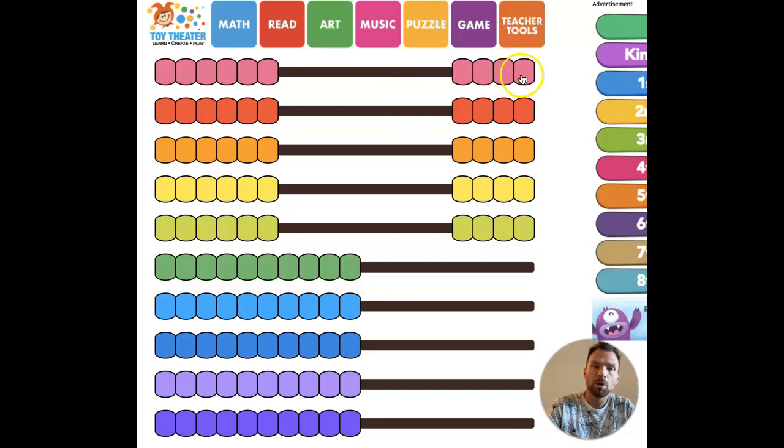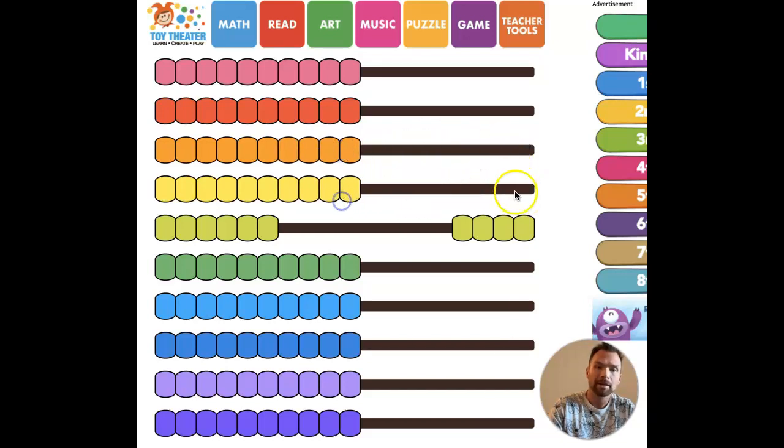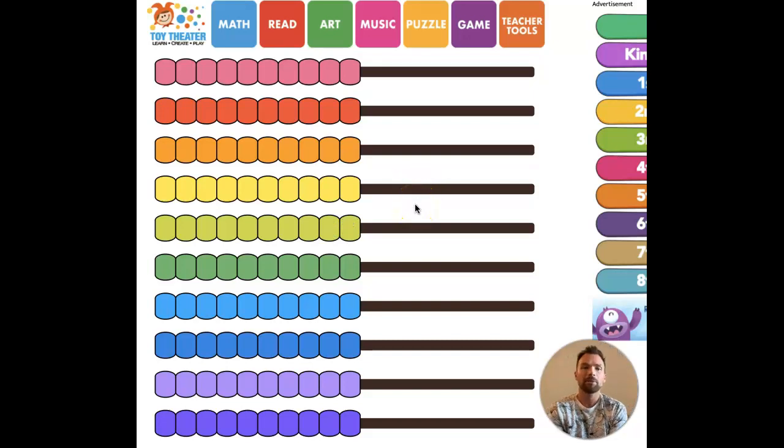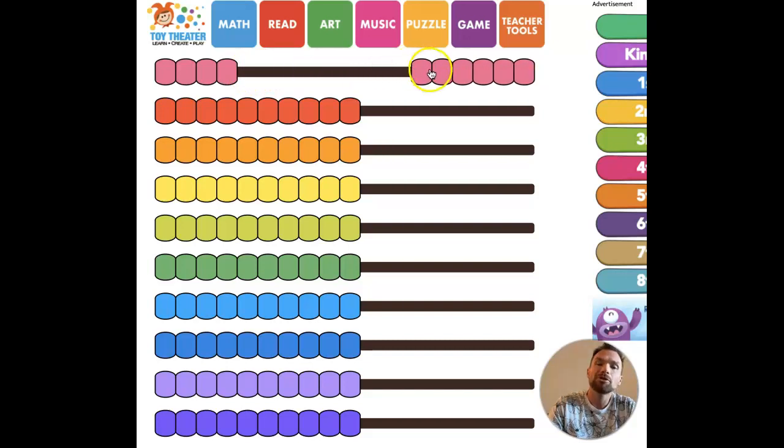All right, let's do one more example just to really kind of drive home that understanding. All right, let's say we have a math problem, and the math problem is 8 times 6. So again, we need to count out 6 beads, and we need 8 groups of these 6.